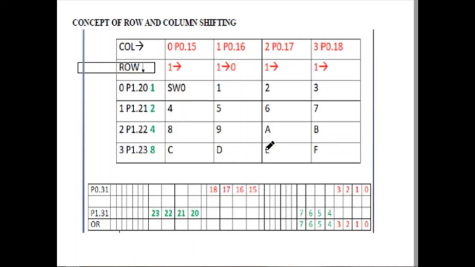Say for example, these are the switches, switch 0, 1, 2, 3 up to F. I have shown you here port 0 and port 1. This is the 31st bit of port 0 and port 1, and this is the 0th bit of port 0 and port 1. So we know already which pins are being used.